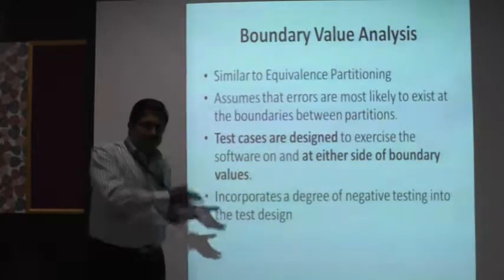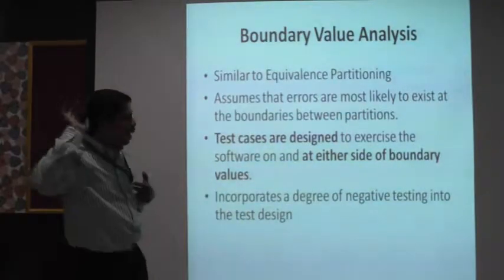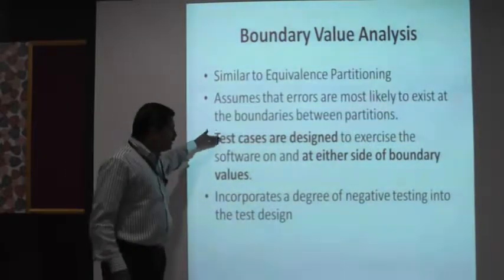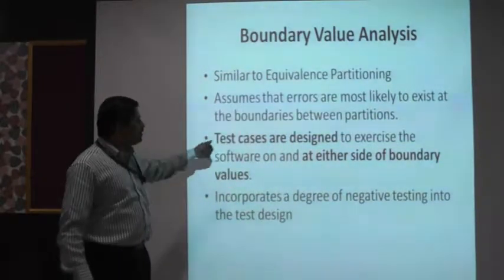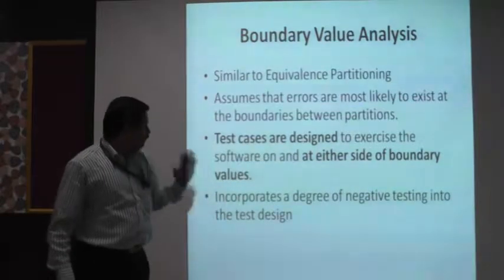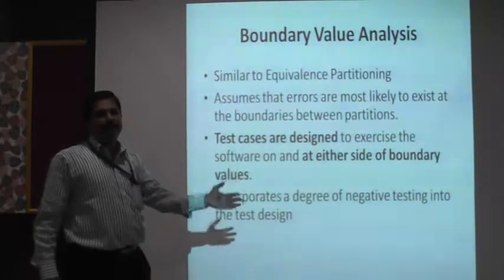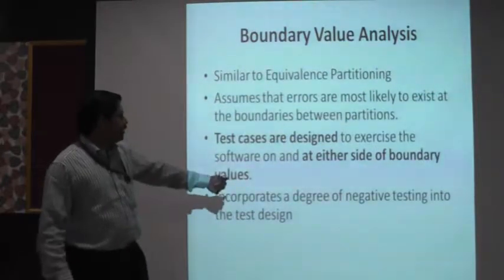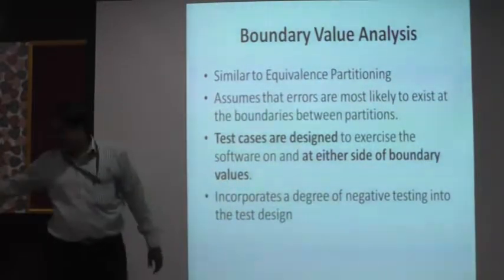It should not be less than the lower limit or greater than the upper limit. If that is the case, then the test case can fail. So the test cases are designed to exercise the software at either side of the boundary values, between the lower and the upper limits. So this is one of the negative kinds of testing in test design.